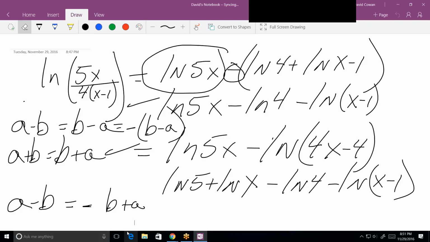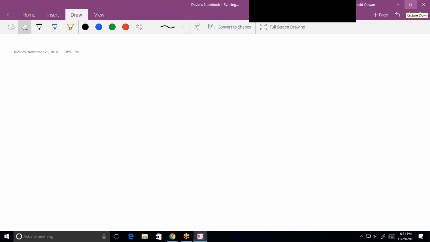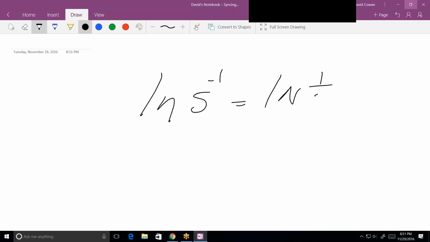So would saying the natural log of 5, is that equal to negative natural log of 1/5? Yes, it is, actually. But here's the reason why. If I said the natural log of 5 to the negative 1, that's the same as the natural log of 1/5, right?